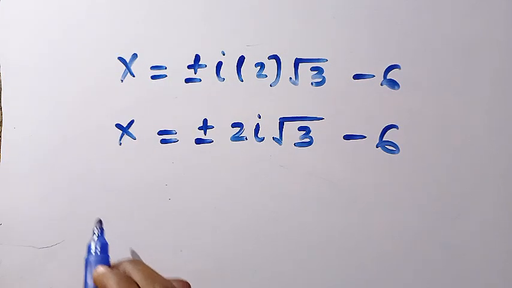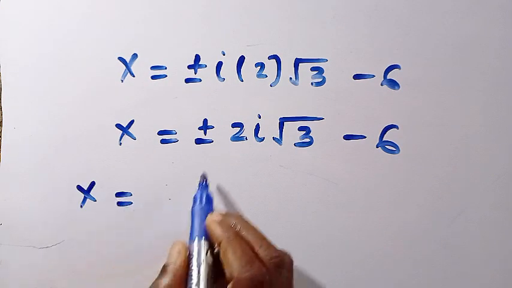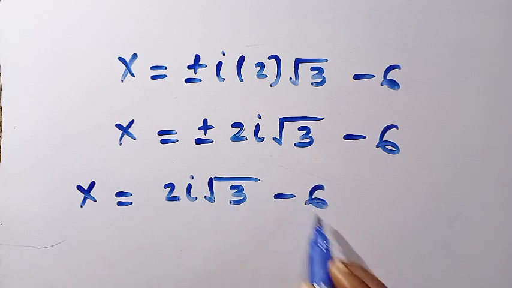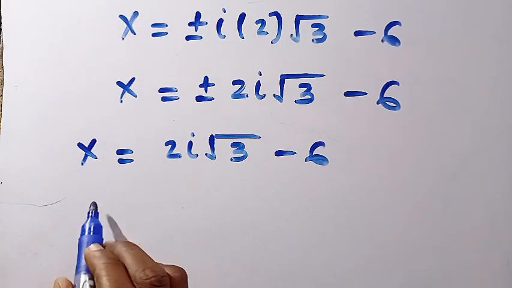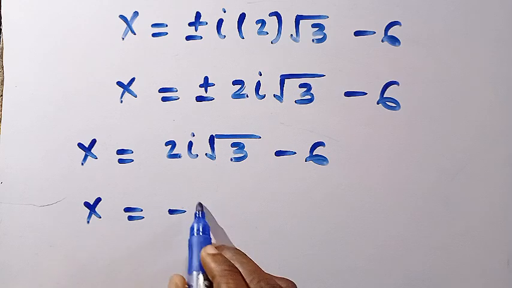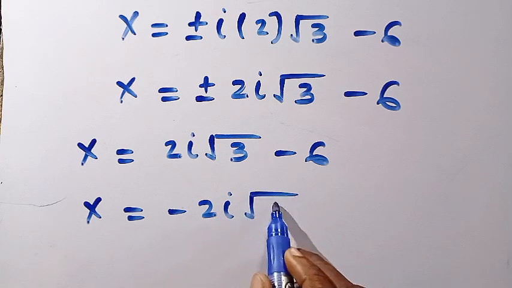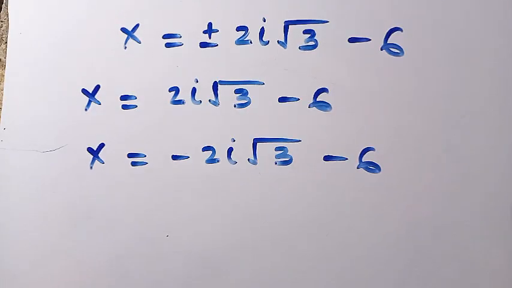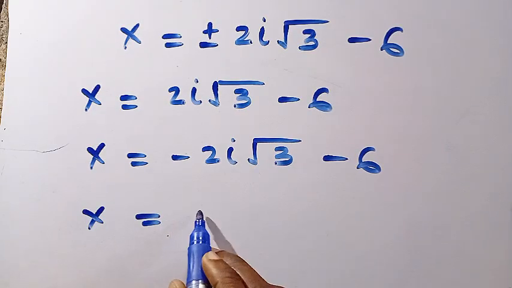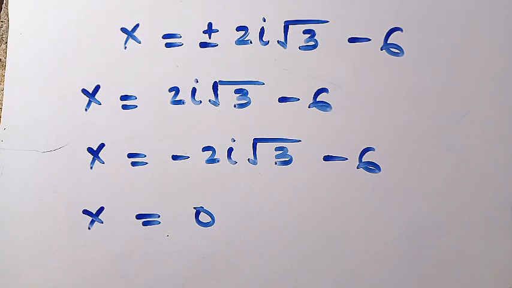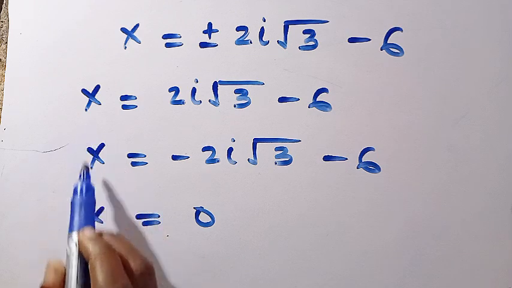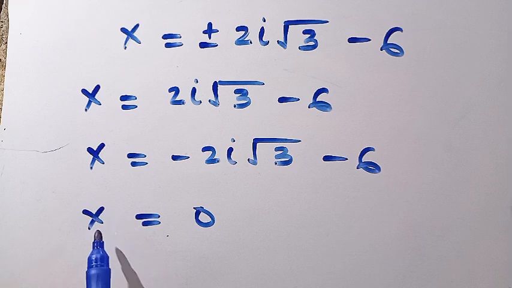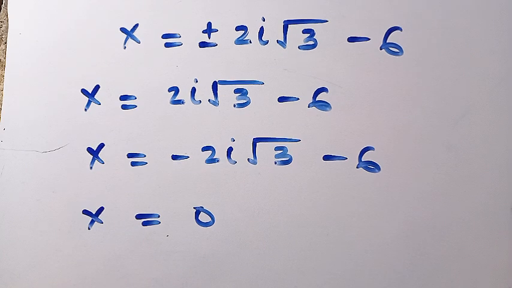But we have to separate this as x = 2i root 3 minus 6, or x = minus 2i root 3 minus 6. So we have 3 solutions, as the next one is still x = 0. So we have solution 1, solution 2, and solution 3. We have the 2 complex solutions and the 1 real solution.